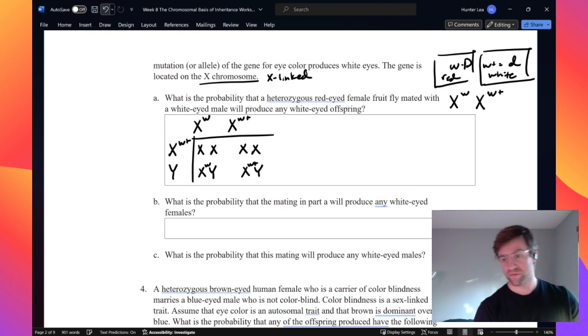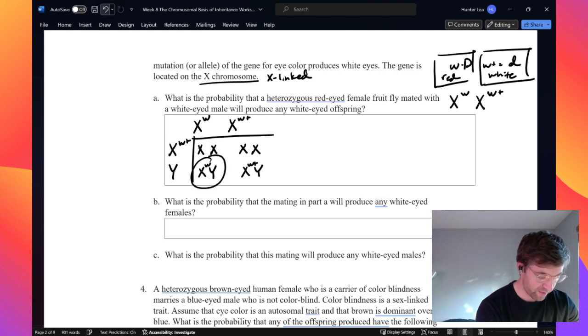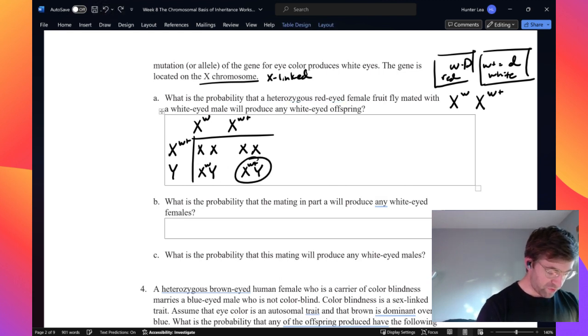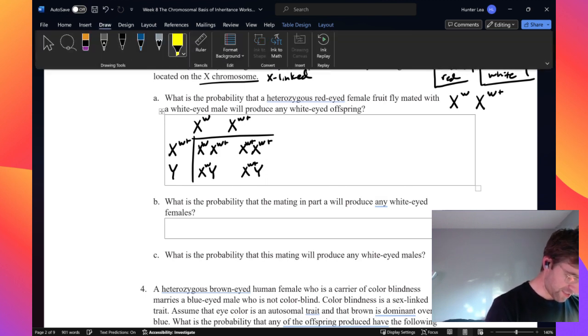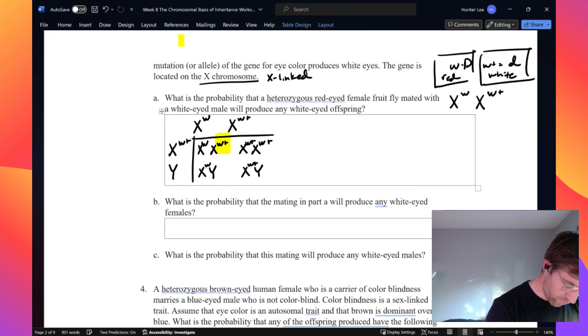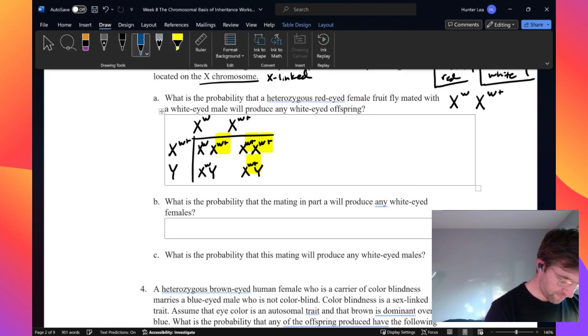So one of those males will have the dominant red eye gene, that's this one on the left, and the other one will have the mutant white eye gene. So here we have another heterozygote, and here we have a homozygote female. And because it's just kind of hard to see, I'm going to highlight where the mutant genes appear. There. Okay.